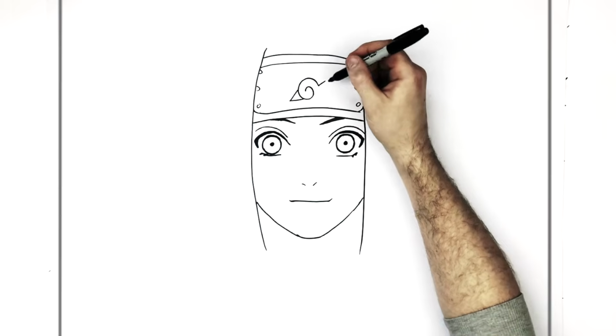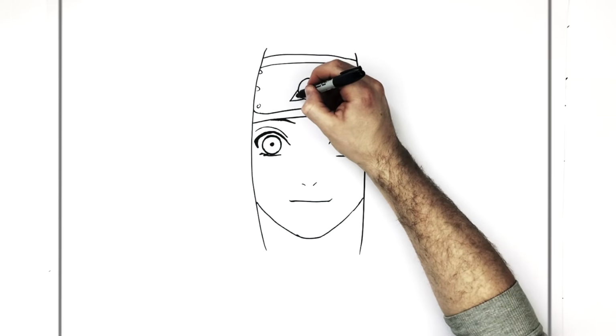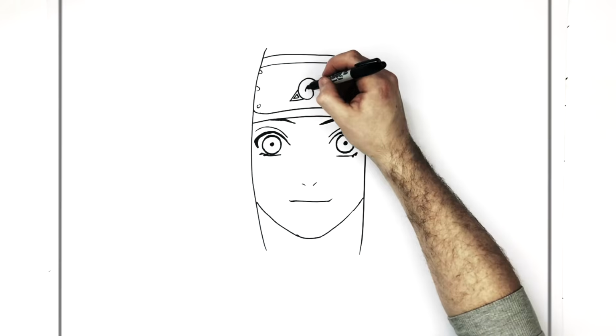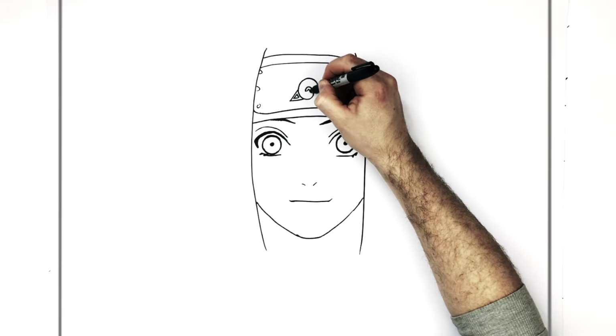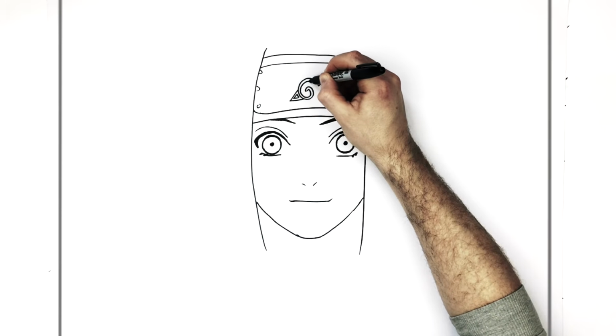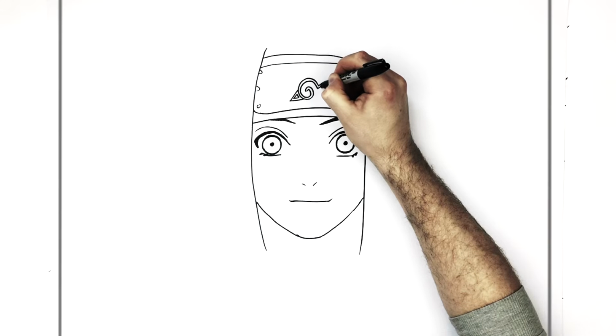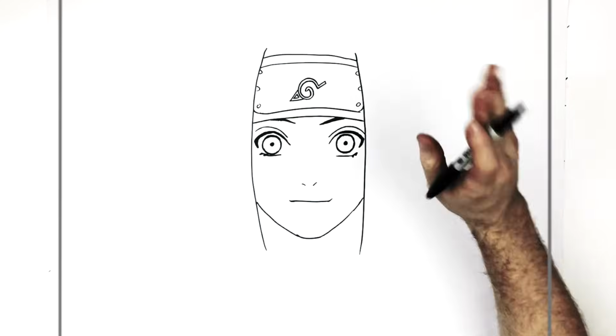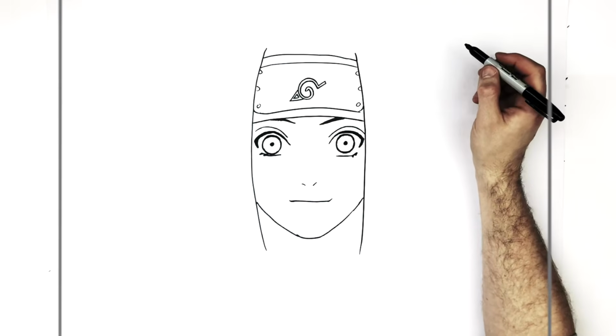Now, if you want, you can double it up, just to make it look like it's actually scratched into her head plate. But if you want, you can leave it as a single line. It's totally up to you.